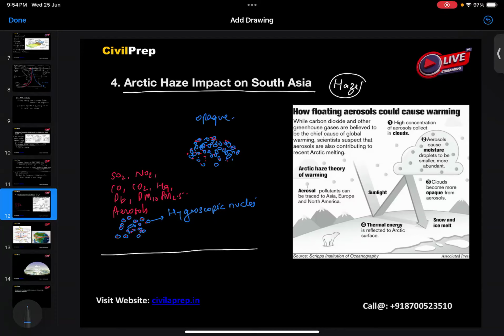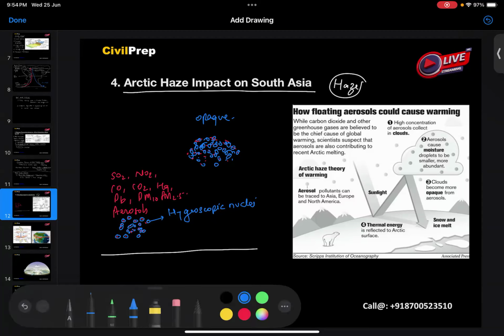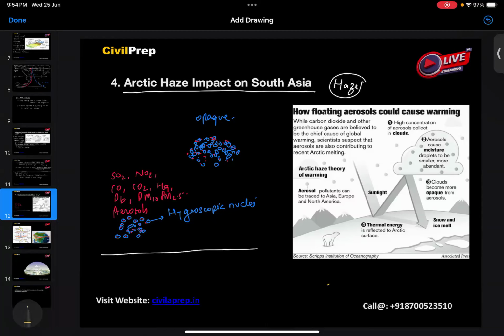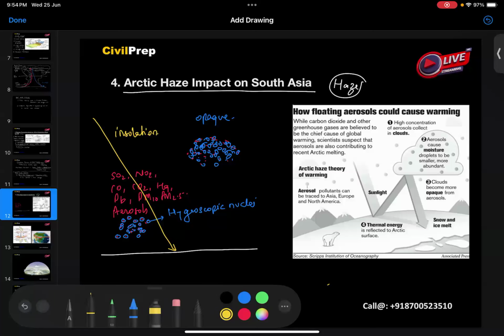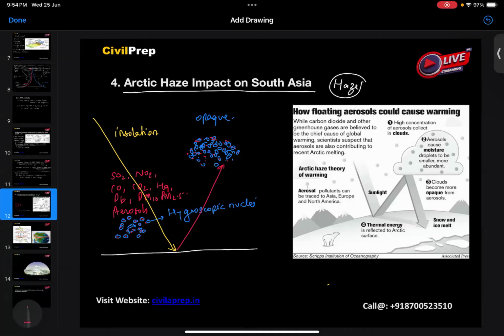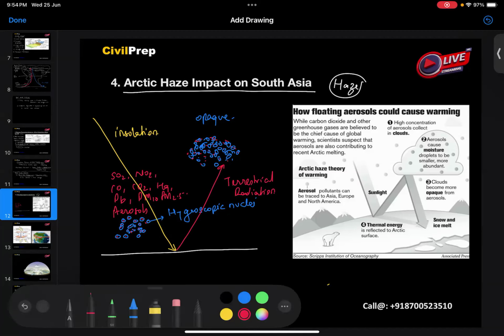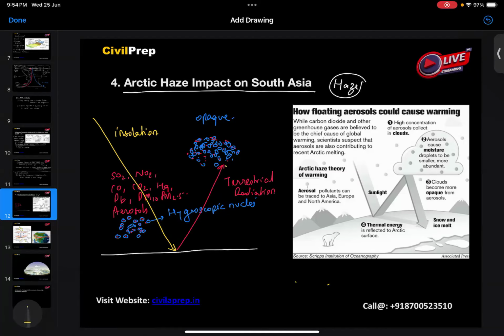When they become opaque, here what happens? As the sunlight comes into any particular region, for example, this is the insolation. After striking, it becomes terrestrial radiation. This terrestrial radiation will be reflected back by this opaque cloud.